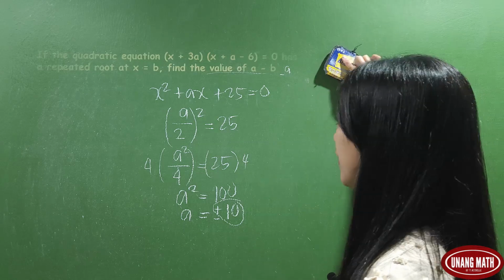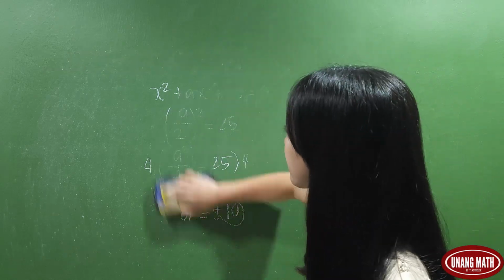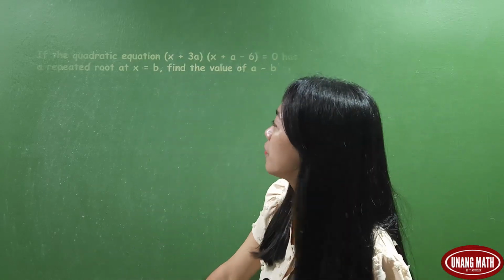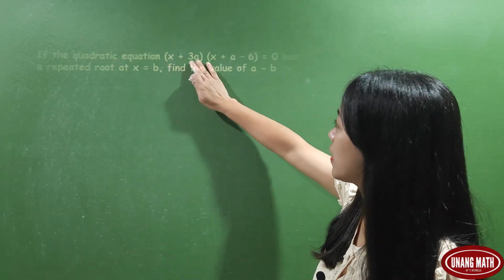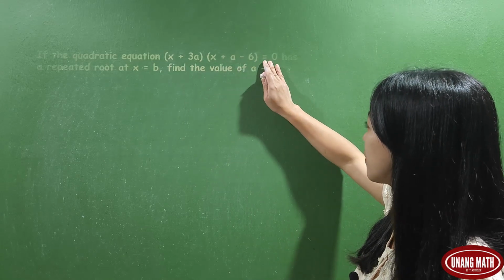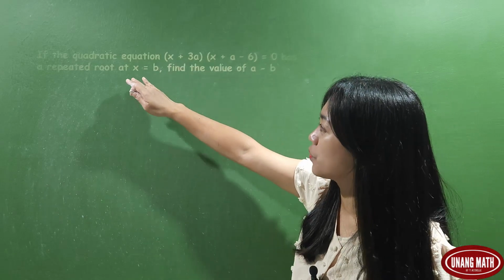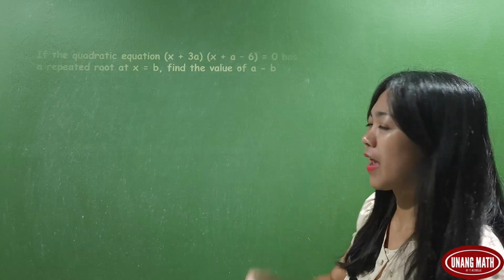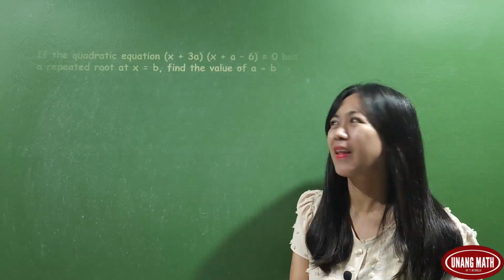Okay, what about this other problem? If the quadratic equation x plus 3a times x plus a minus 6 is 0 has a repeated root at x is equal to b, let's find the value of a minus b.